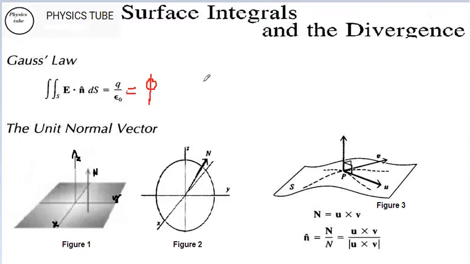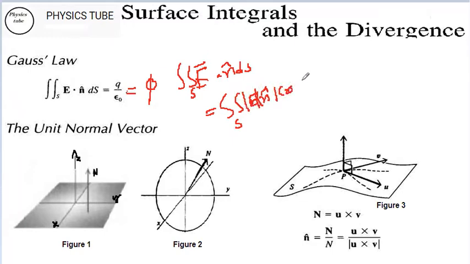That means, just see, E dot n hat dS with the surface integral, if I elaborate this, I can also write this as E, magnitude of n hat, magnitude of E cos theta dS. So since n hat is a unit vector, its magnitude is 1. So we are left with the surface integral of E cos theta dS.